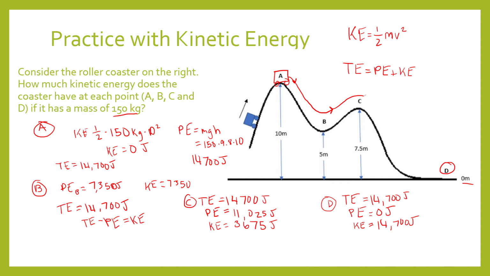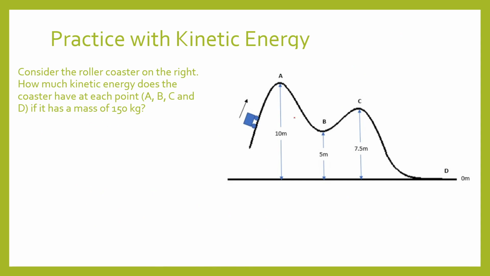Now what can we do with that information? I'm going to erase my screen really quick, and we're just going to focus on point D. Because what I want to know is how fast the roller coaster is going. What's the velocity at that point? If I know that kinetic energy is equal to 1/2 the mass times the velocity squared, and I also know that the kinetic energy at that point is 14,700 joules, I can actually find out how fast the roller coaster is moving.